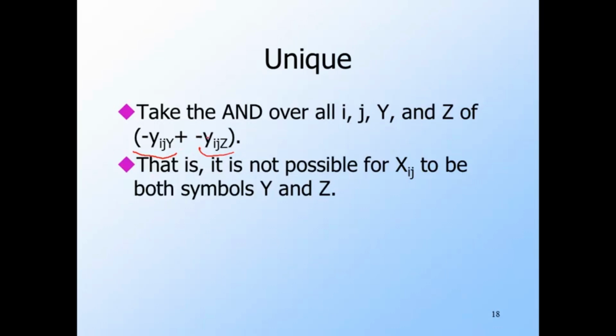Put another way, if xij were to have two different symbols, say Y and Z, then one of these little expressions would be false. But unique is the AND of all these expressions, and the entire expression is the AND of unique and the other expressions. Thus, the entire expression cannot be satisfied by any truth assignment that makes any pair of variables yijY and yijZ both be true.